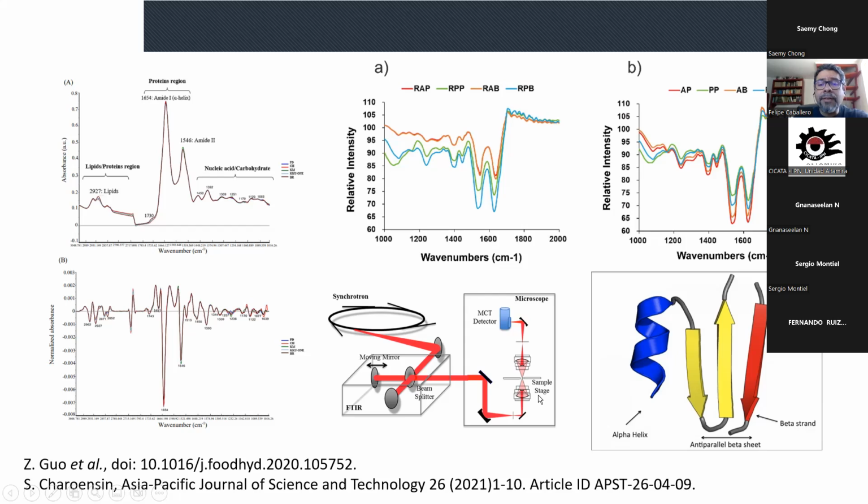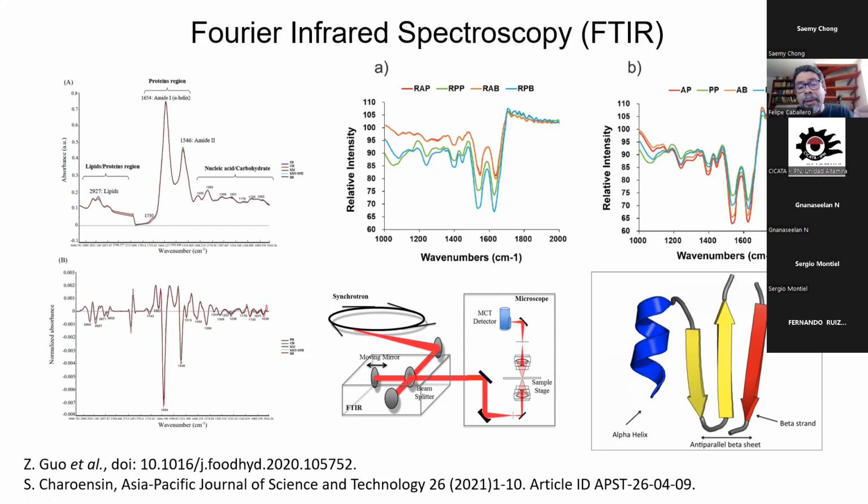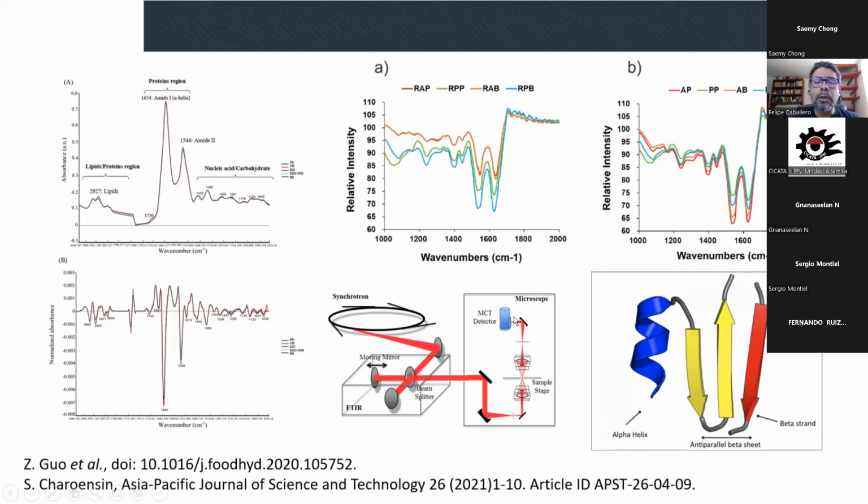In fact, this part of the device is a commercial infrared spectroscope like the one we have in CICATA. We could take our infrared spectroscope, put it in the synchrotron line, take out our source, and put the beam there. So you can use the light coming from the beam with our own spectroscope, with the sample and the detector and so on.